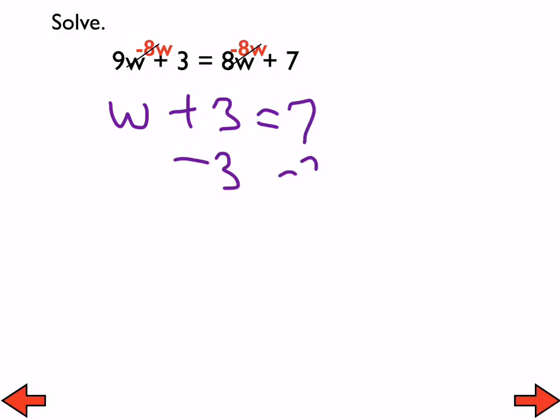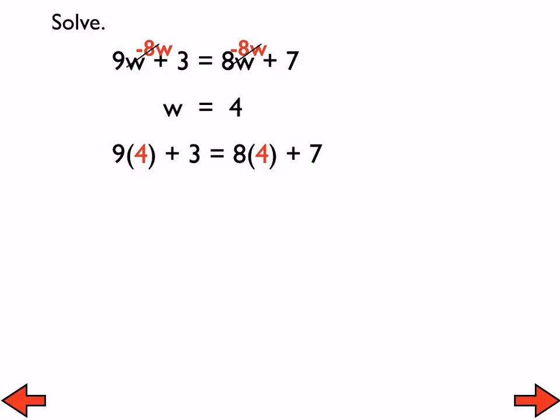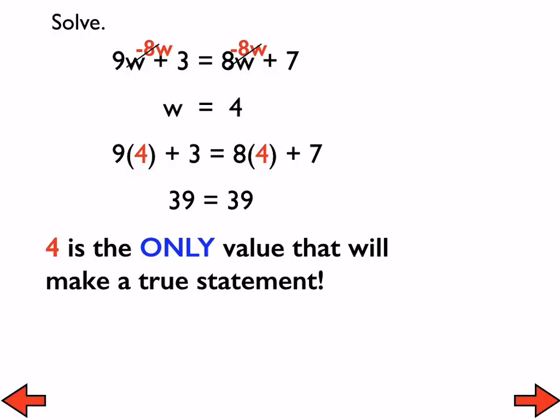Then subtract 3 from both sides, and I get w equals 4. Yes? That means that I can plug it back in to check my answer, right? If I plug it back in, w equals 4, this answer is going to be equal to this answer. It will make a true statement, which means that w equals 4 was correct.